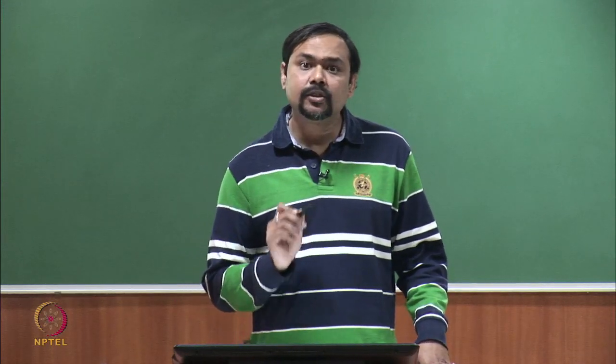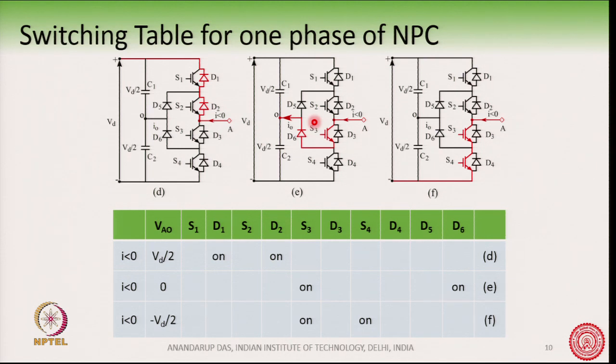Now comes the condition, this is tricky: the condition of 0 voltage. Suppose the current is going in and I want a 0 voltage VAO. What will I do? What is actually the path of the current? I will turn on S3, and the path of the current will be something like this.